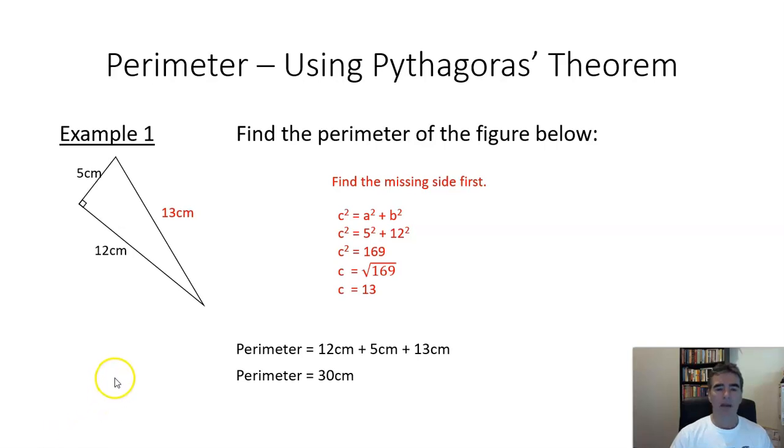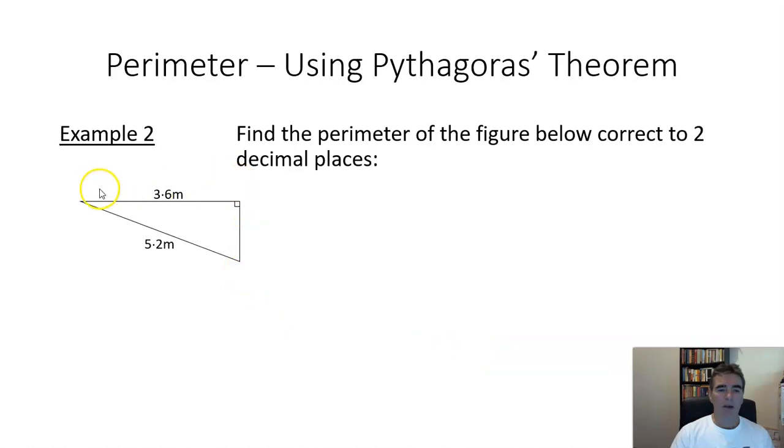So we just have to be careful that we don't stop here by finding that missing side and saying, yep, we've now found that that's 13, because the question did say find the perimeter. So just make sure that when you think you've finished, reread the question, perimeter, so that means we've got to total all the boundaries. So let's look at another example.